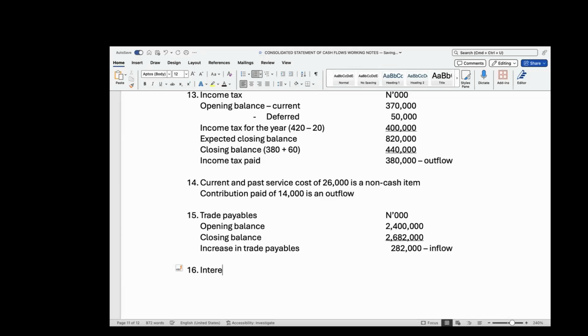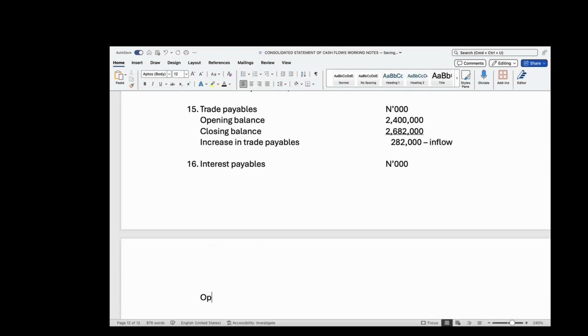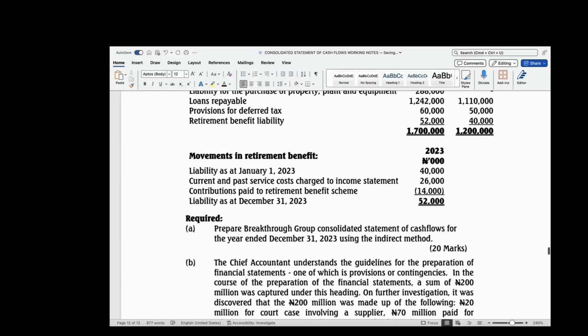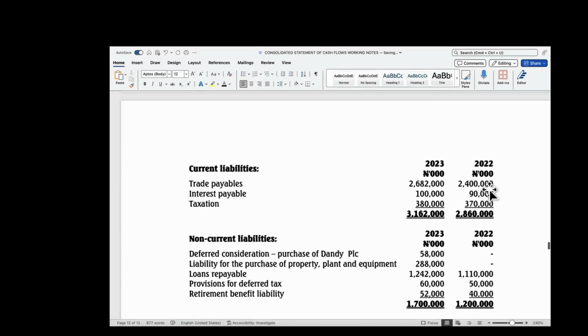Also is interest payable. So what's my opening balance of my interest payable? It was 90.